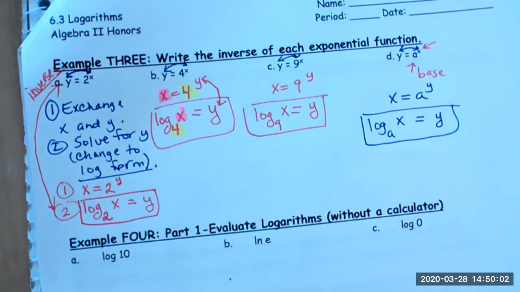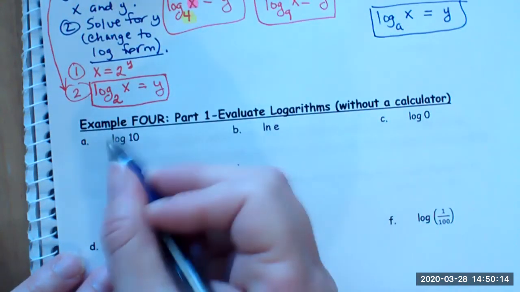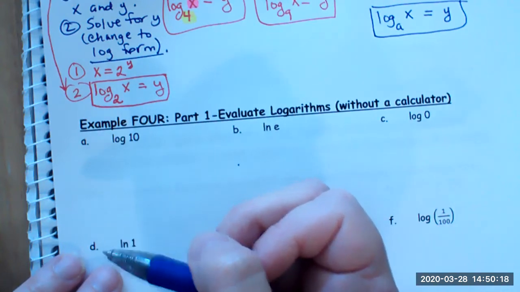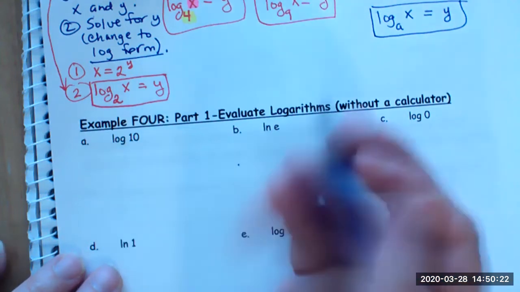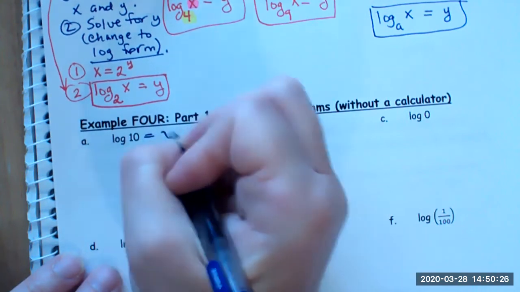Okay. Example 4, part 1, we're going to evaluate logarithms without a calculator. Okay. So what we want to do, you'll notice here we don't have an equation, we just have an expression. What we want to do to be able to evaluate logarithms is we're actually going to make them into an equation. I'm going to set each of those expressions equal to x.